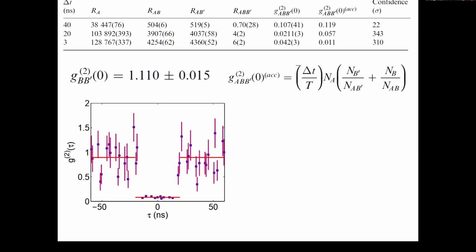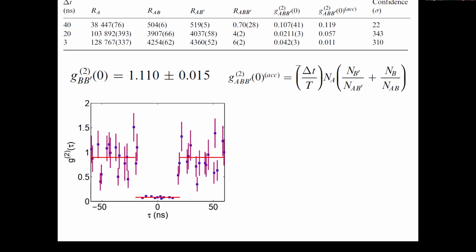Now compare these threefold coincidences, 4 counts, 6 counts, 0.7 counts, with RAB or R, right? Really minuscule, very small. And if I were to calculate the second order correlation function based on the threefold coincidences, this number is much smaller than 1.